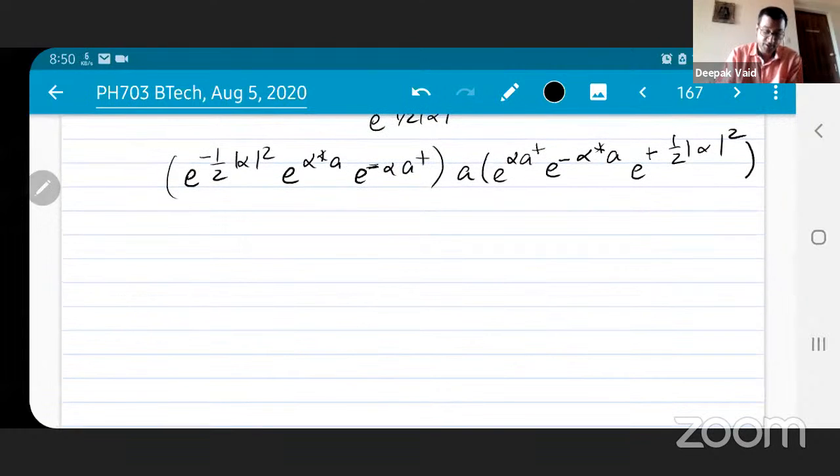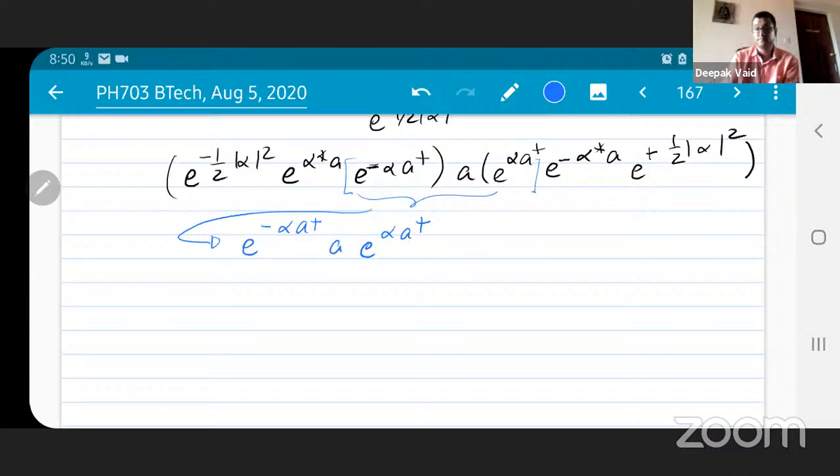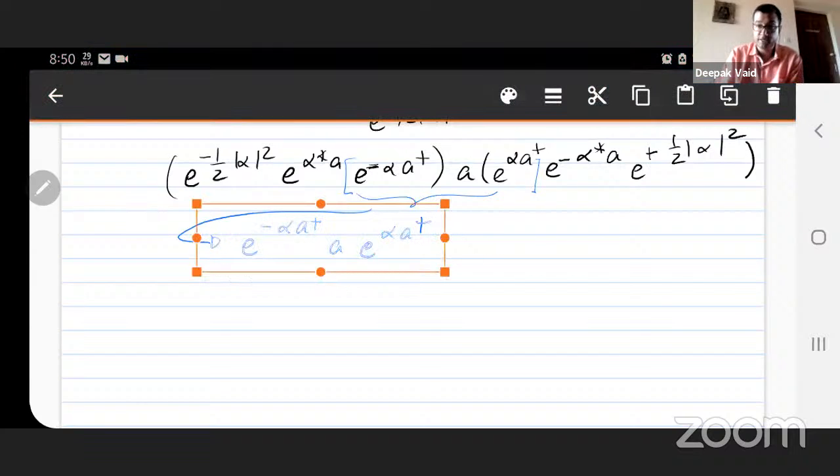Now in this expression, we can separate these three terms. These three terms become e to the minus alpha a dagger a e to the alpha a dagger. And this is something that you should know by now.